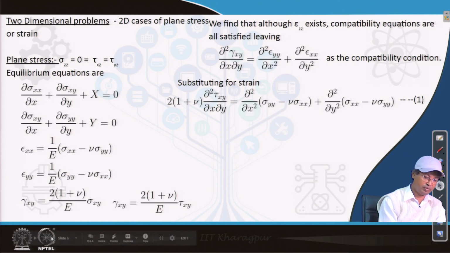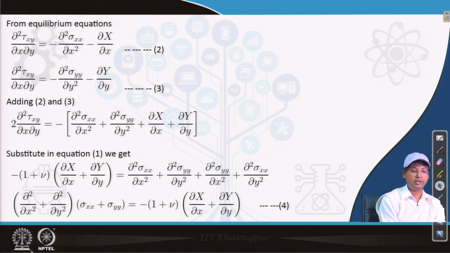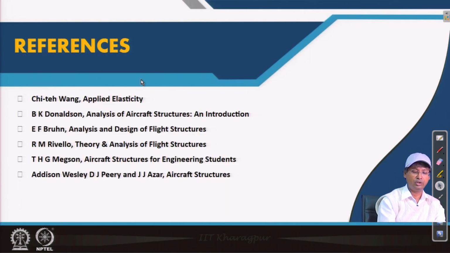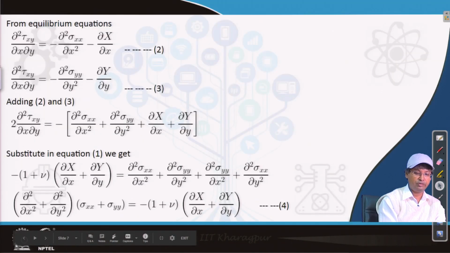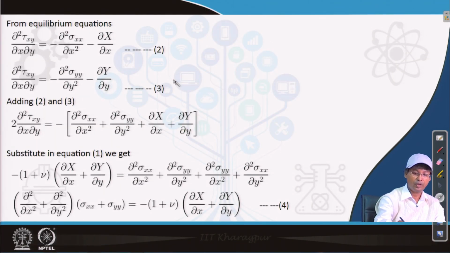Please keep in mind that it is not a new equation, just one more derivation and a simple rearrangement, and then those values are substituted in equation 1 after adding these two. So we first add these two equations and get the equation for tau xy with respect to the body forces X and Y.